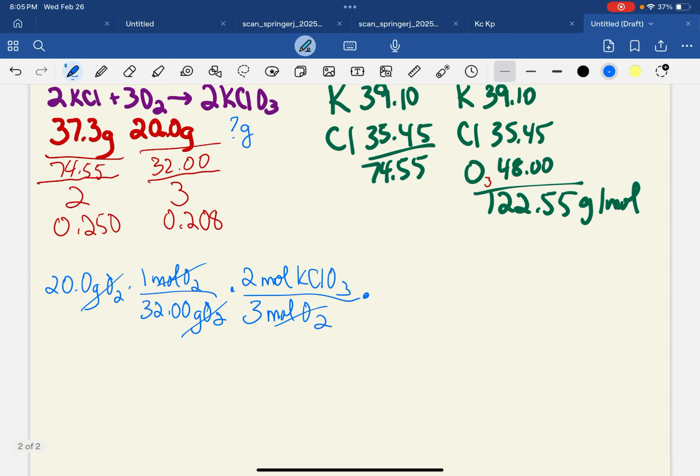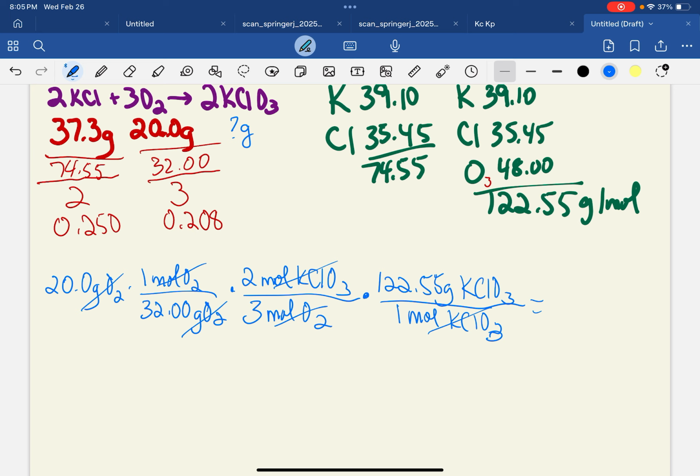And then KClO3, 122.55 grams is 1 mole KClO3. And the moles of KClO3 cancel.